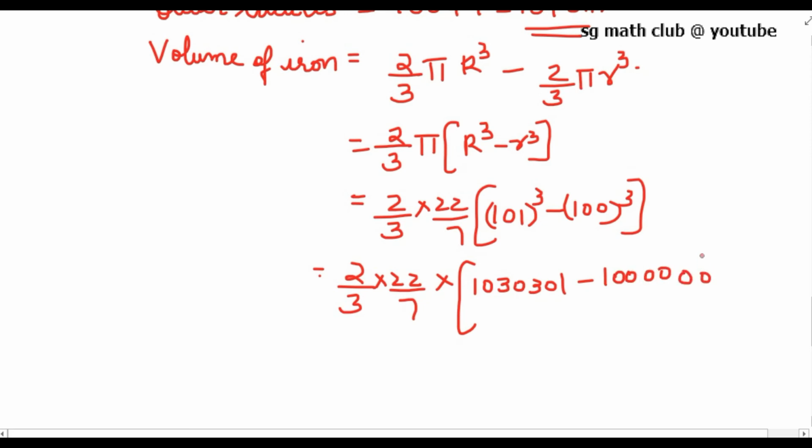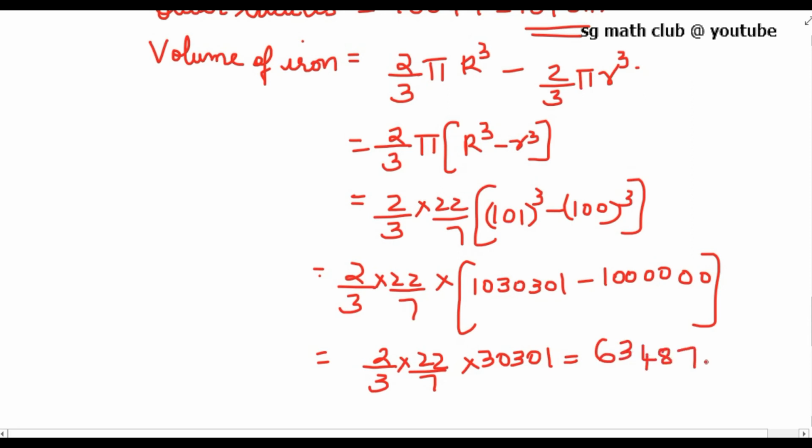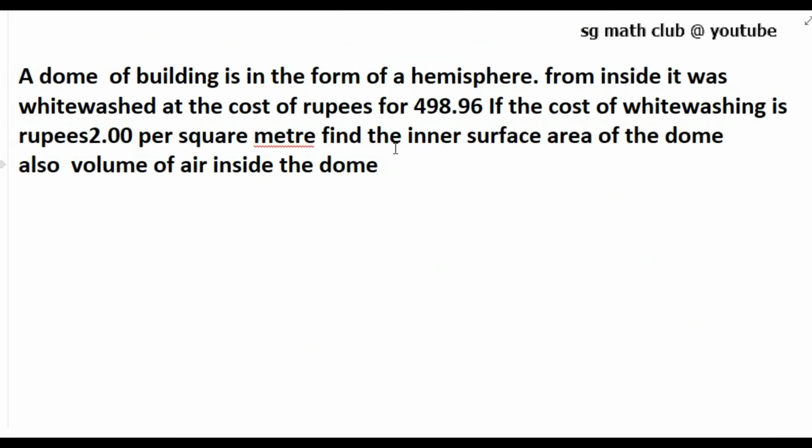When you subtract this, you have 2 by 3 into 22 by 7 into 30301, which is equal to 63,487.81 centimeter cube.